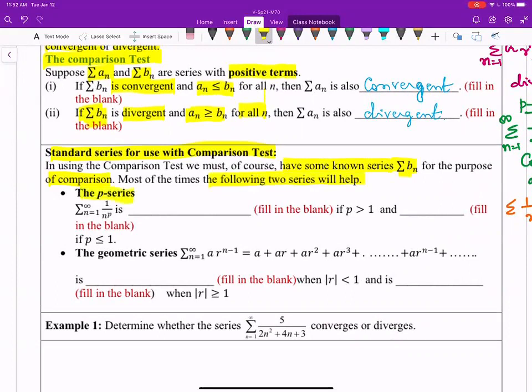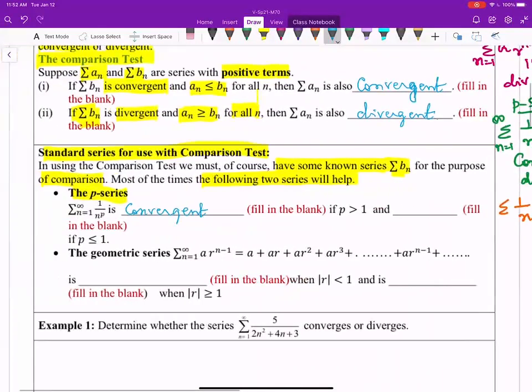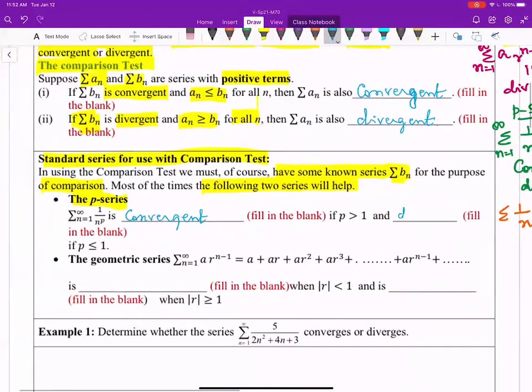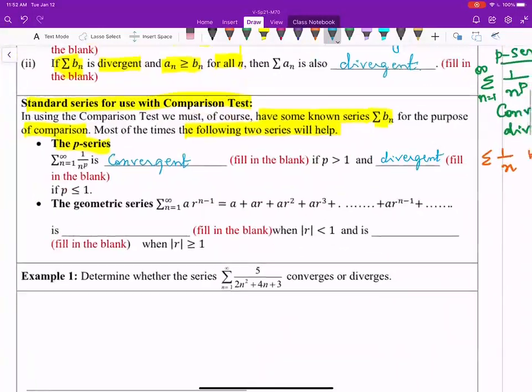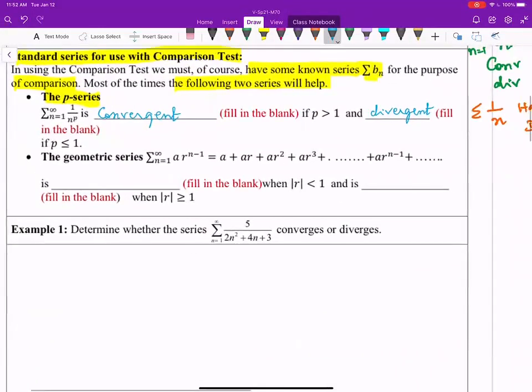The P series, sigma 1 over n to the power of P, is convergent if P is more than 1, and divergent when P is smaller than or equal to 1. We have seen these two series before.